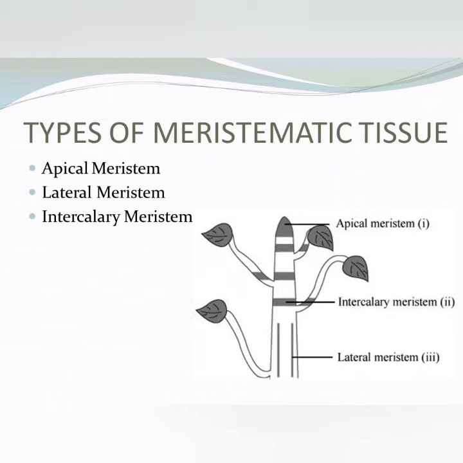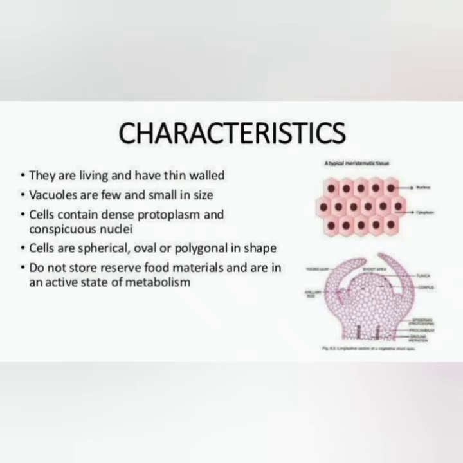Here you can see the diagram which shows the location of three different meristematic tissues, where apical is the type located in the apical region of the plant body, that is the root tip or shoot tip. So what are the characters of the cells in apical meristem? The cells are living and thin walled.